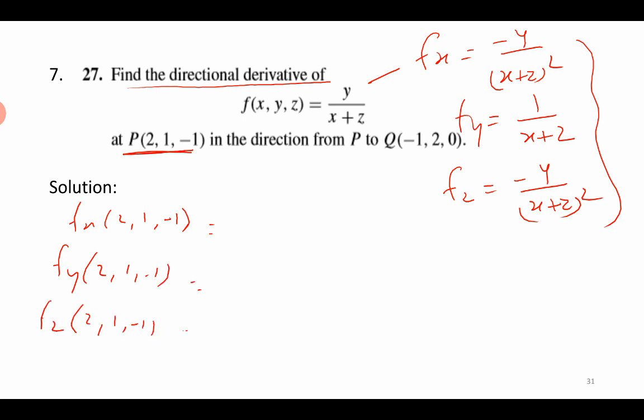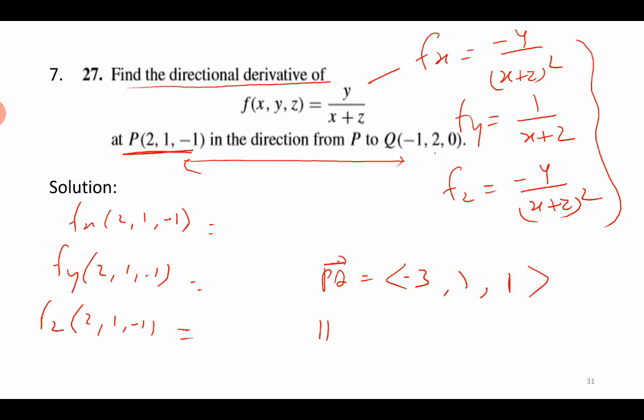Three terms will be there, and of course the formula needs a unit vector, and if you have two end points of the vector, you can find the PQ vector. What is the PQ vector? Minus 1 minus 2, this is minus 3, 2 minus 1 is 1, 0 minus 1 is 1. This is the PQ vector.